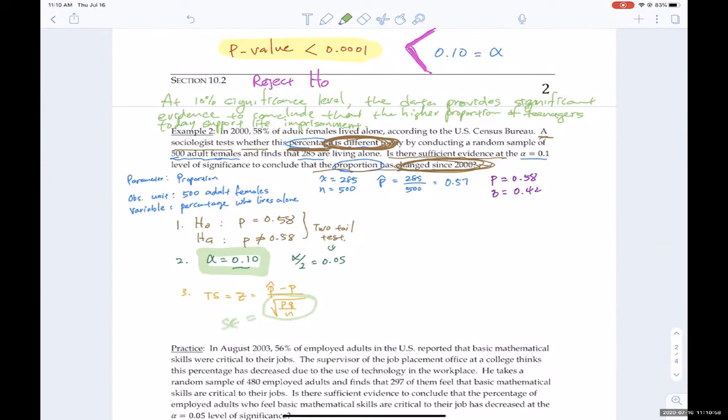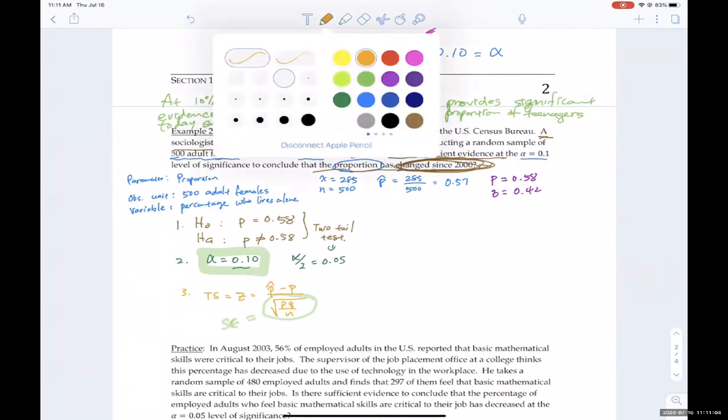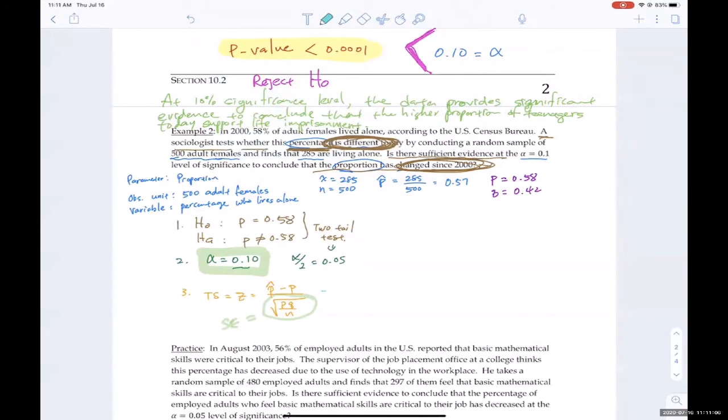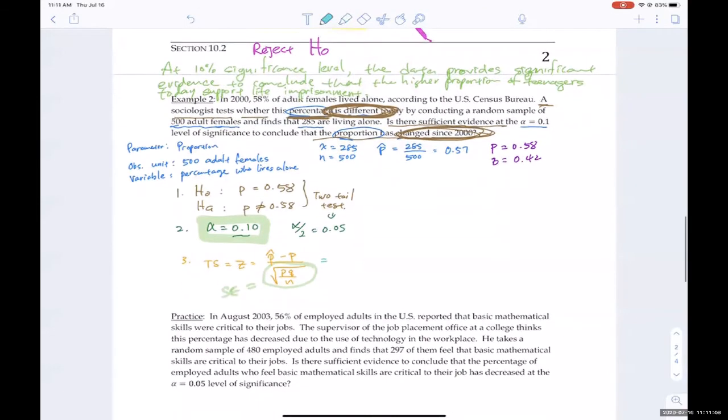So far so good. Any questions? Let's calculate that now. This is equal to, then what's our p hat?